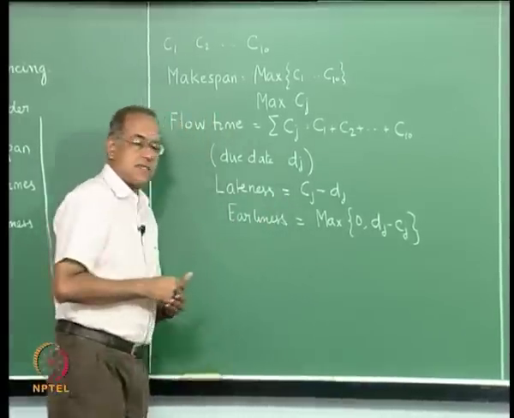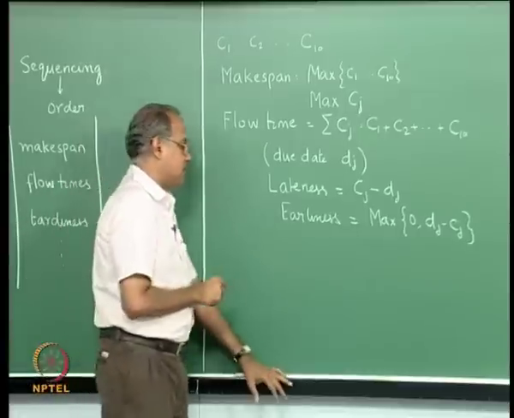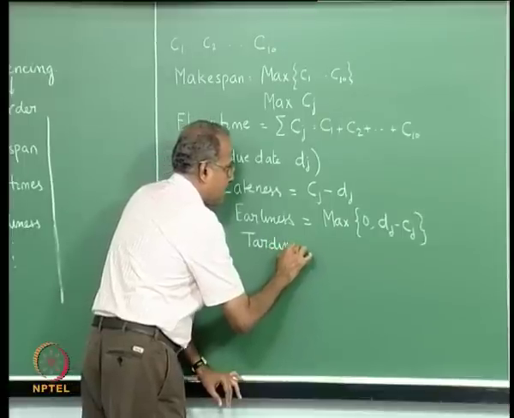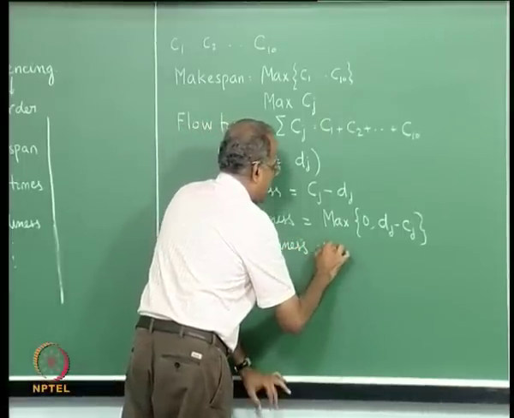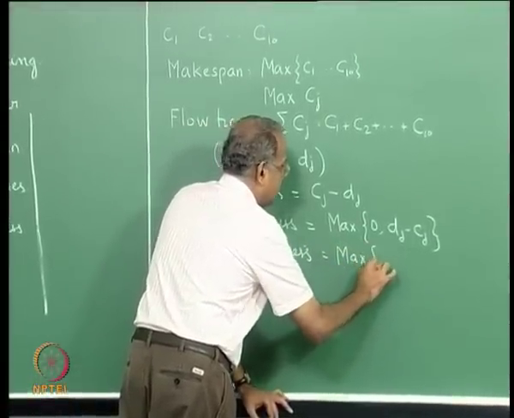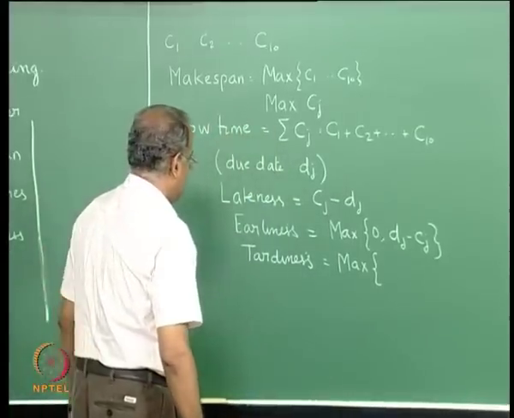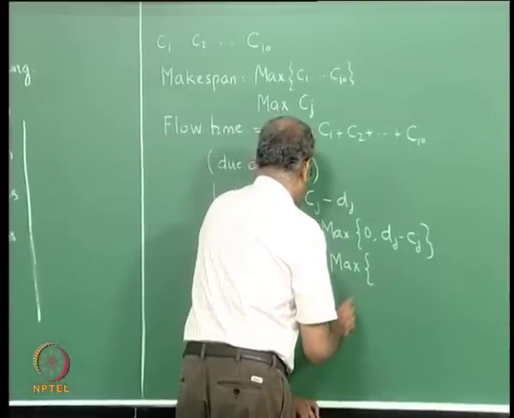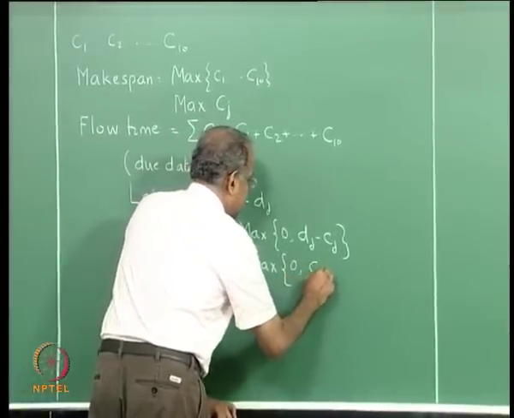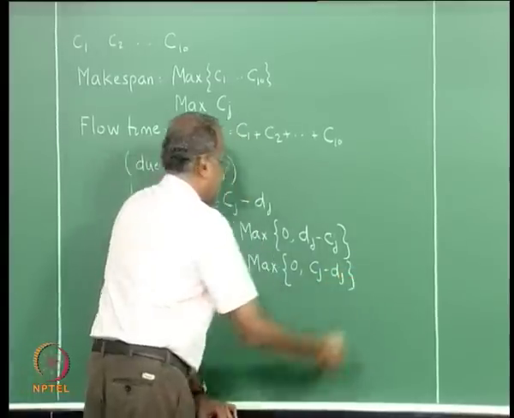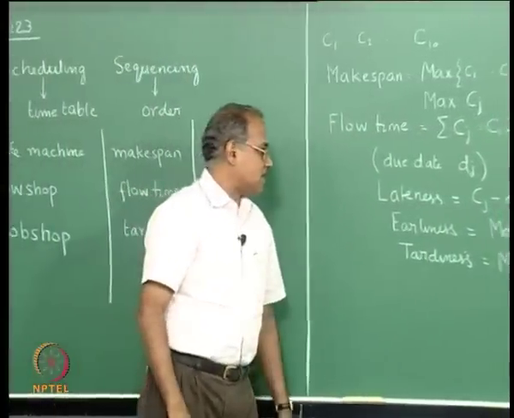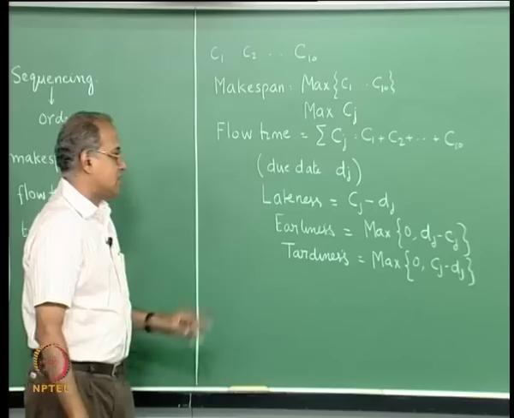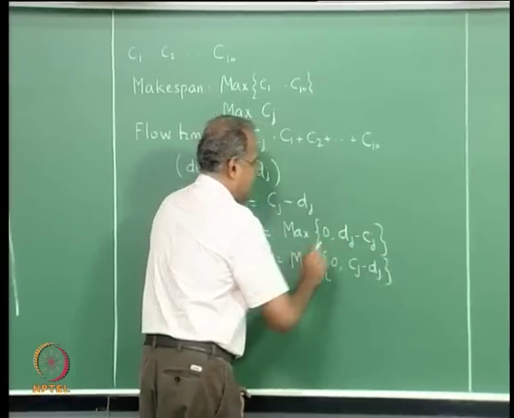Now, when the job is completed after the due date, then the job is called tardy, and tardiness is equal to maximum of zero and Cj minus Dj. If the job is early, then the job is completed before the due date, so it has an earliness of Dj minus Cj.